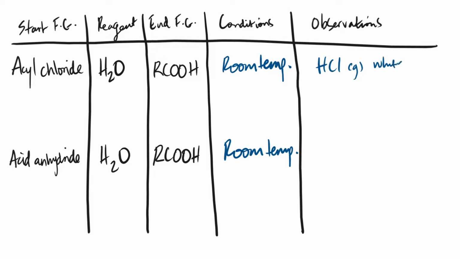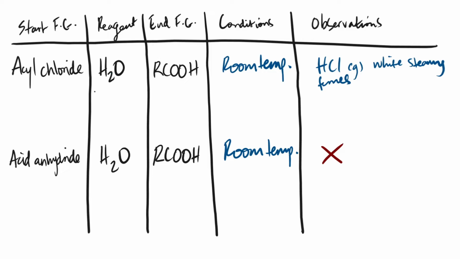Okay, and this is white steamy fumes. Okay, white steamy fumes of hydrogen chloride gas. Whereas with the acid anhydride, we don't have any observations. And that is how you'll be able to differentiate the two when you react with water: the acyl chloride will have white steamy fumes of hydrogen chloride gas, and the acid anhydride is not going to have anything going on, okay? You wouldn't see anything.